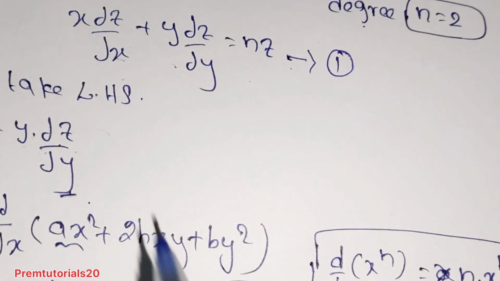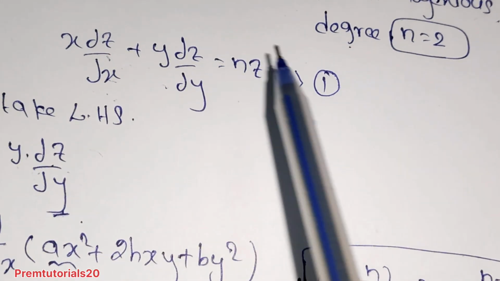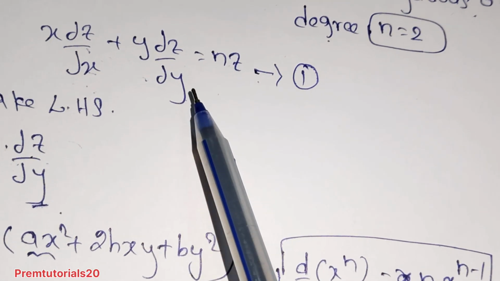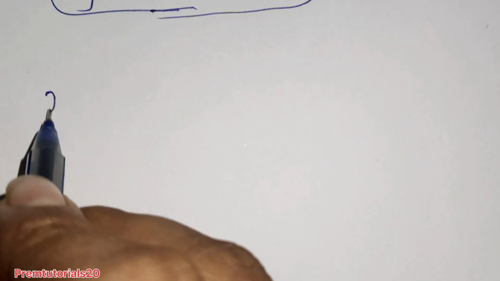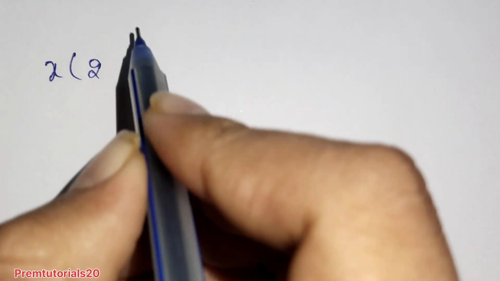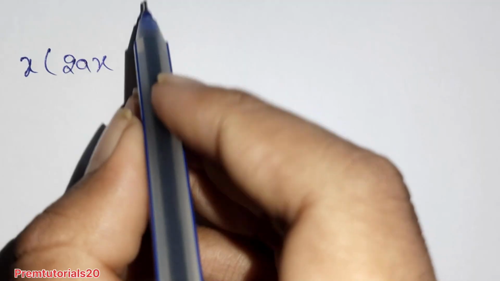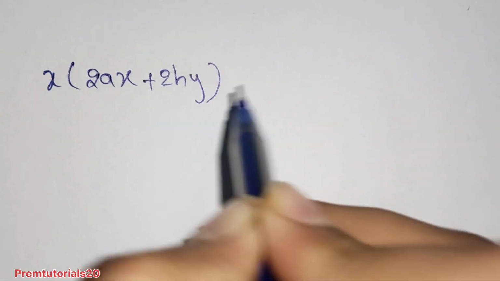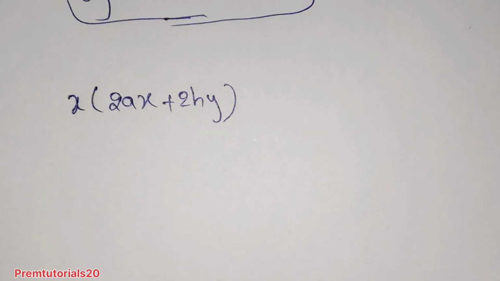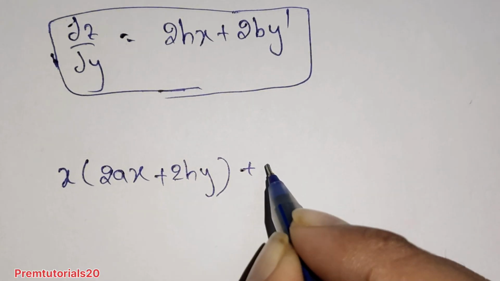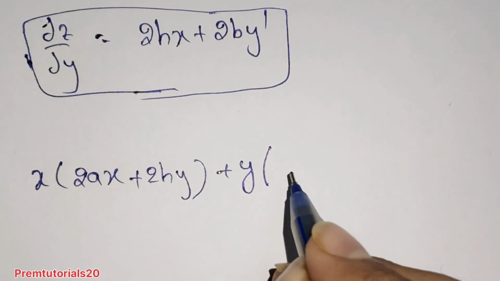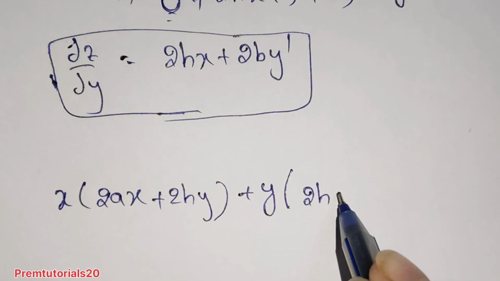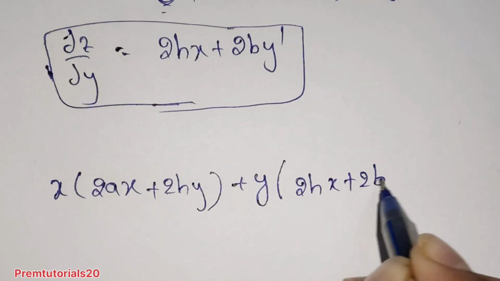First, the value of dou z by dou x: x into dou z by dou x, we get 2ax plus 2hy, and also y into dou z by dou y, we get 2hx plus 2by.